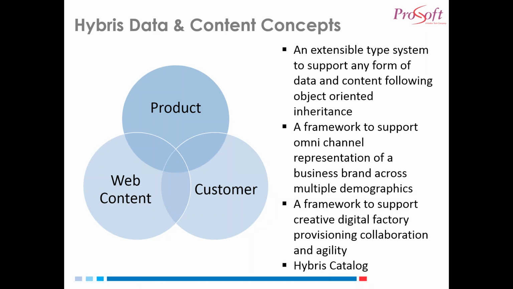If I have a product now, I would like to extend it because I find during my business requirements that there are some additional attributes which my product should carry. So I can extend the out-of-the-box product, or something I have already described, and launch a different stream of products by extending it the way we do inheritance in object-oriented programming. The same thing in the data model, supported by the type system, is provided by Hybris.